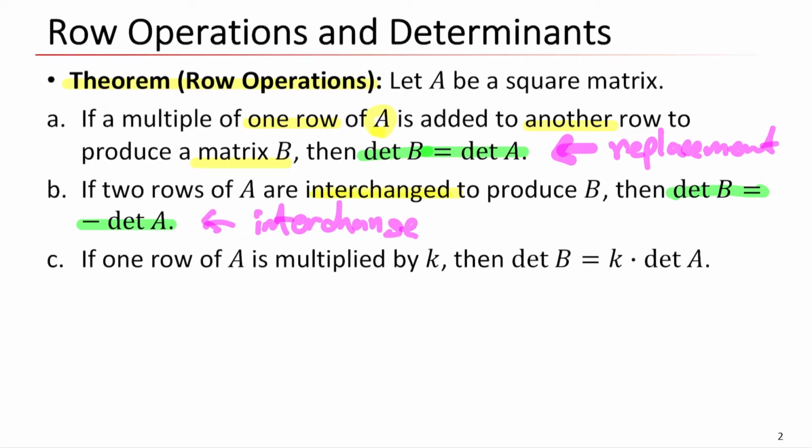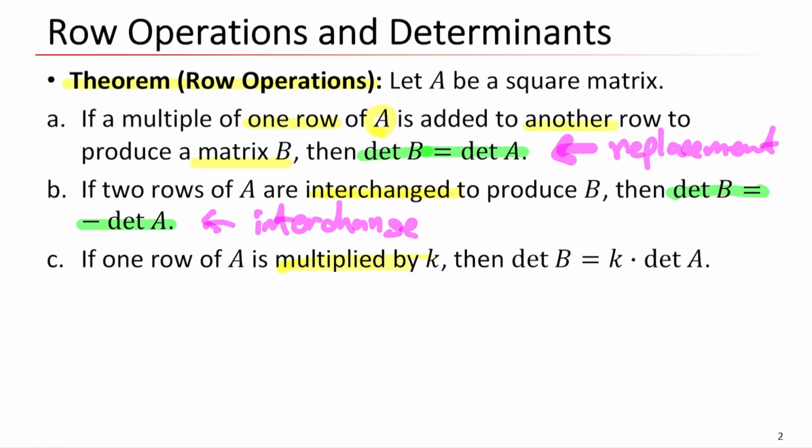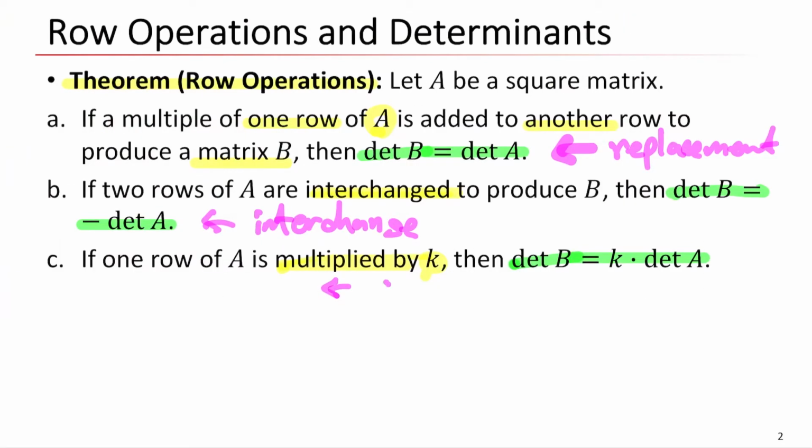Then finally, if one row of matrix A is multiplied by a constant value K, then the determinant of the output matrix B is equal to K times the determinant of A. So this is the scaling.